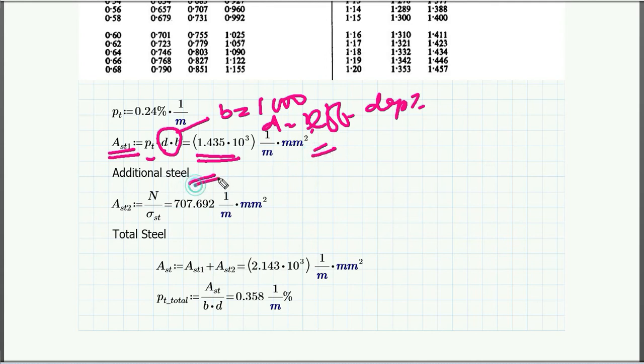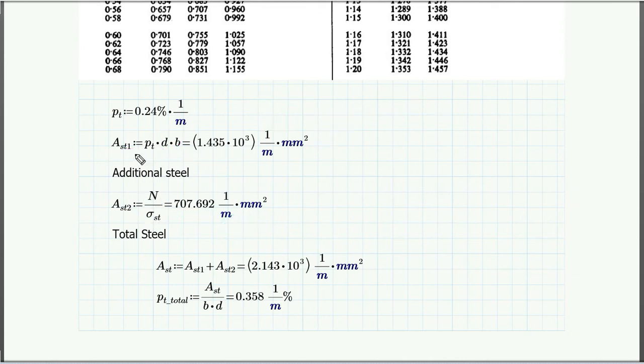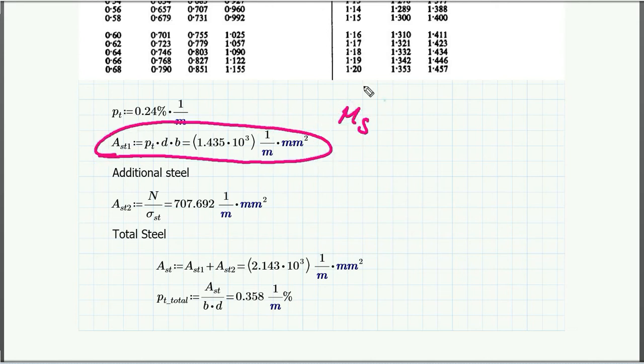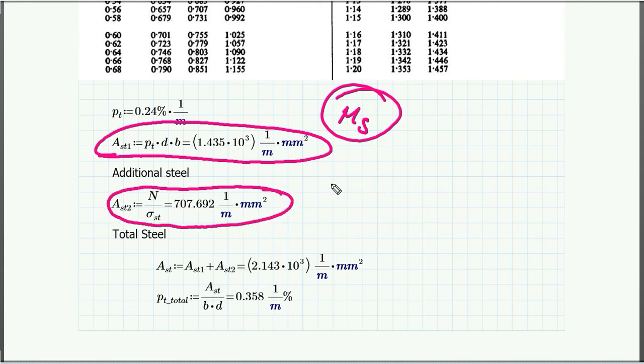Then additional steel is required because of the normal stress. Normal stress by sigma st will give you 707.7 mm square per meter. This is the steel for bending, for the Ms value, and this is the steel for direct tension.